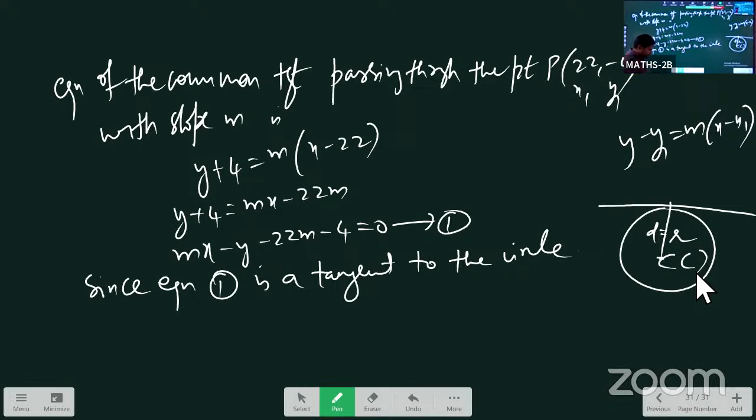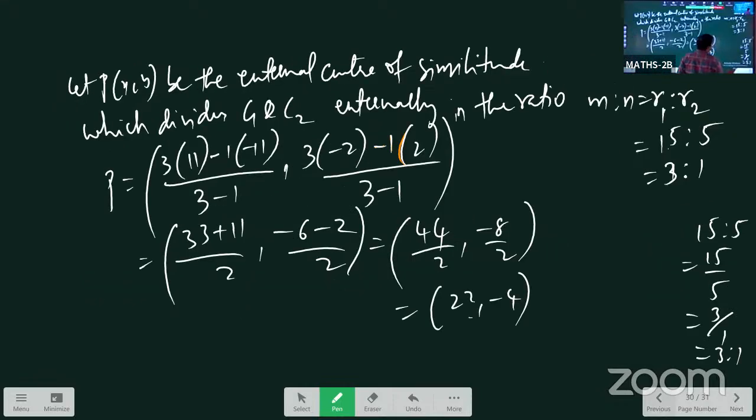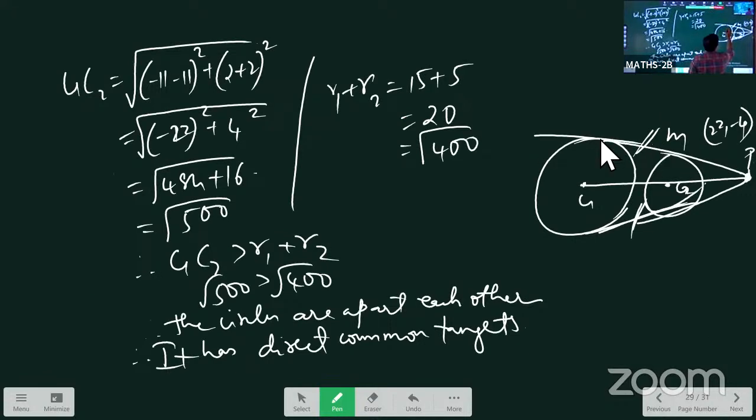Basic concept in circles and tangents, right? So r is equal to d. R of what? R of the first circle. See the figure here. I'm considering this one. This is r, this is your d, C1. So the r and the center C I'm considering are of the first circle. You can consider the second circle also. Is it clear?